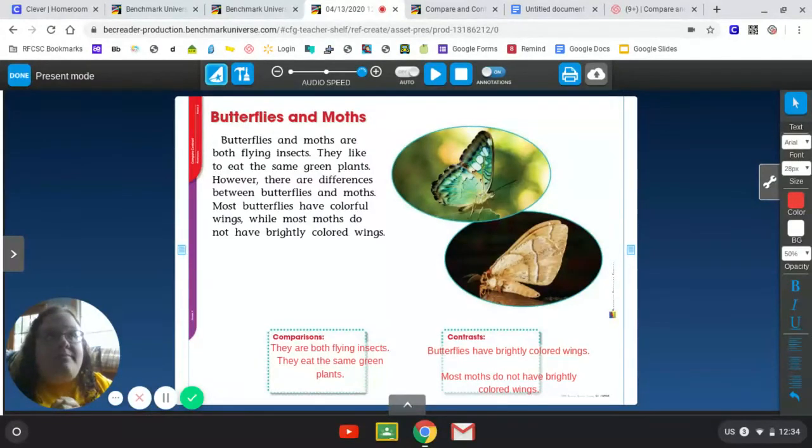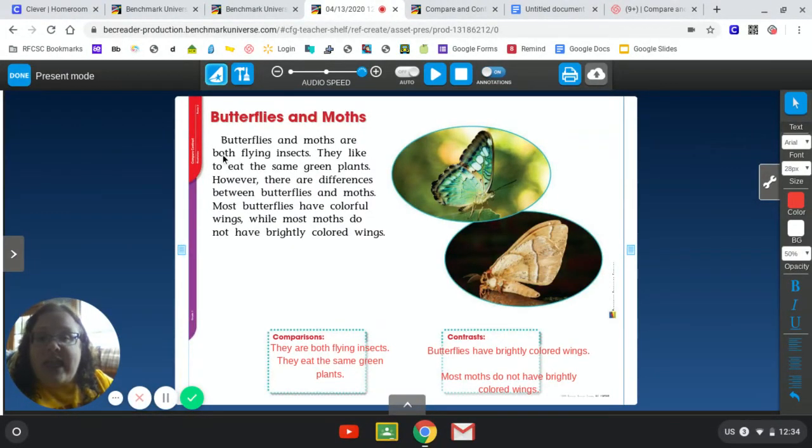So that word helped me to understand that they are alike in that way, that they eat the same green plants and they are both flying insects. So that one just, I'm sorry, for the both flying insects and they eat the same green plants, those are separate.